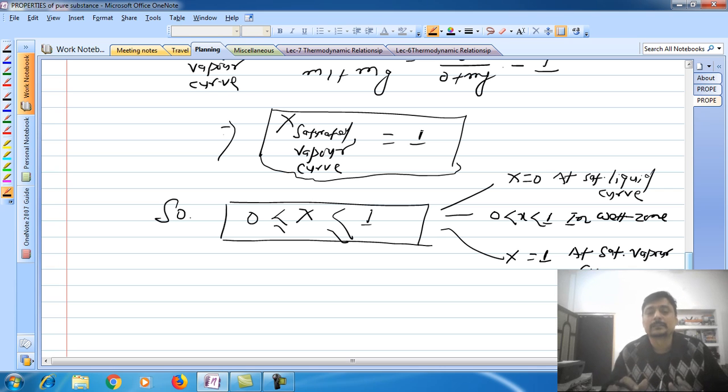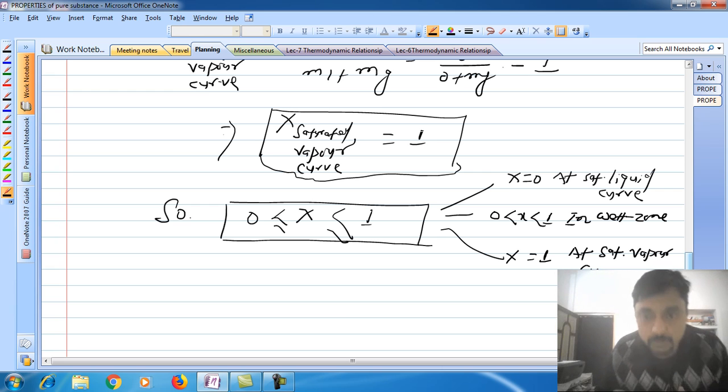So at saturated vapor curve, as we know, only the vapor part exists, there is no liquid part. So if you put the value of the mass of liquid and mass of vapor in the equation of the dryness fraction, we will get the dryness fraction is equal to 1.